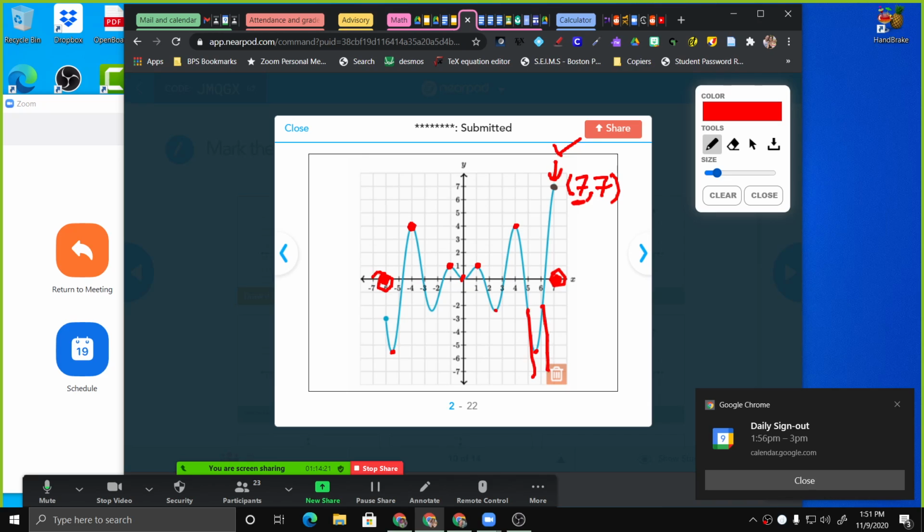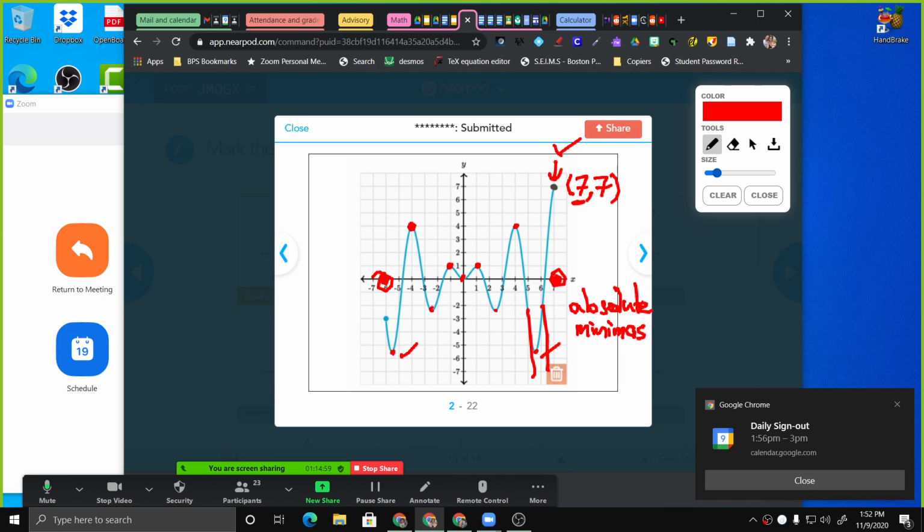These are also relative minima. So you have 1, 2, 3, 4, 5 relative minima. Those two are also absolute minimums. Yes, that makes them absolute minimums. They are the lowest points in the whole graph. So they are absolute minima, and they're also relative minima.